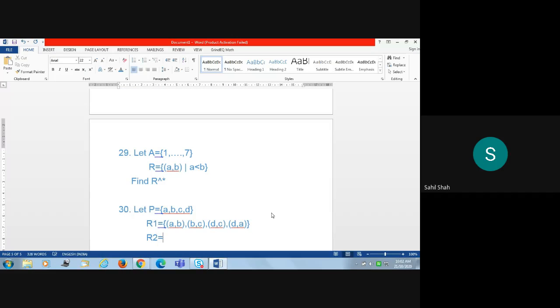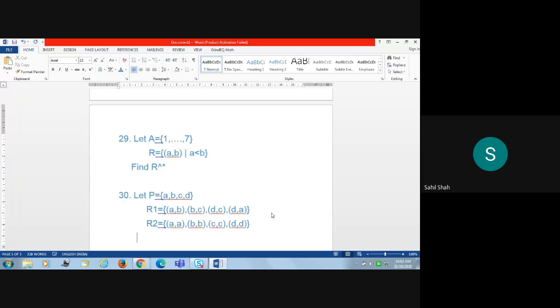R2 equal to {(a,a), (e,b)}. Find (R1 union R2) star. So these are the examples for today.